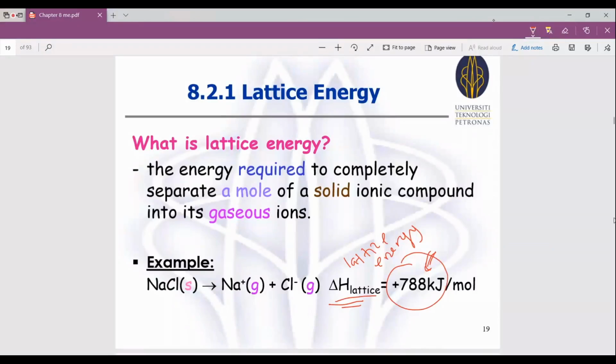We will look at the Born-Haber cycle after this, and we also apply Hess's law, which is a series of steps in order to find the lattice energy. Good question. Basically, lattice energy can relate to endothermic processes, right? Yeah. The dissociation of NaCl is the amount of energy required to separate this ionic bond into Na plus and Cl minus.